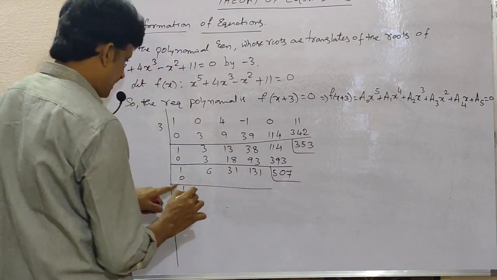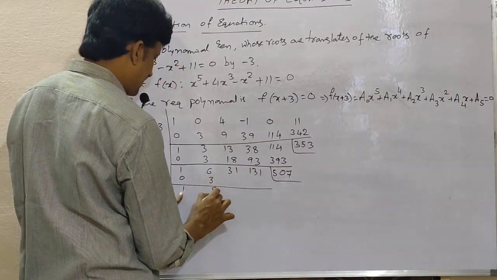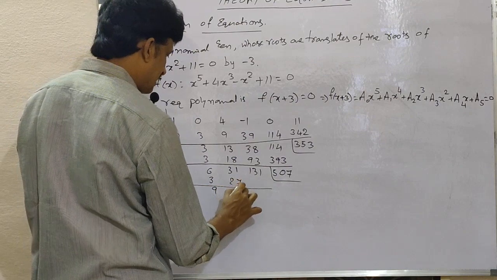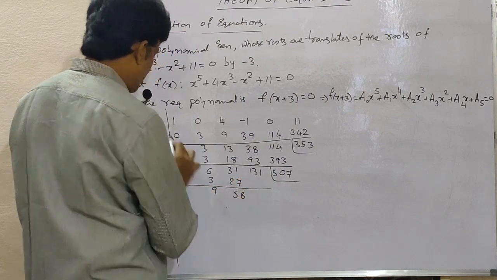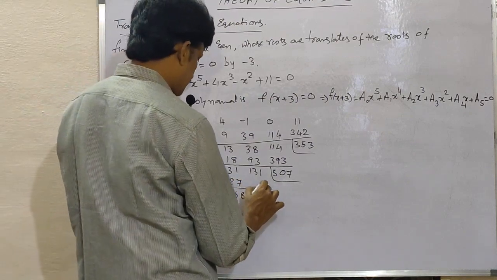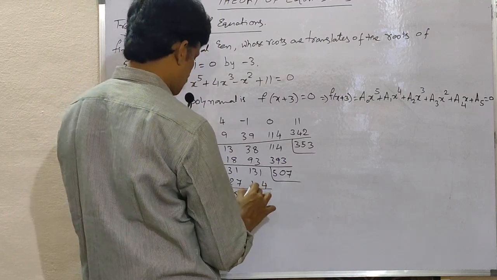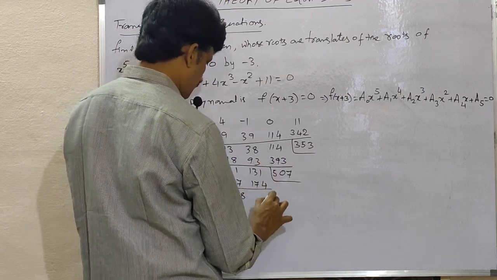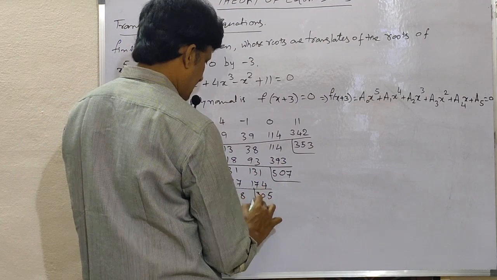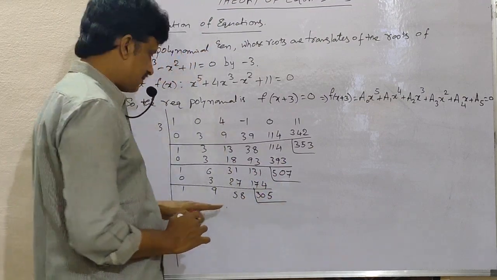Again the same. 3 into 1, 3. 6 plus 3, 9. 3 into 9, 27. So this is 58. Now again 3 into 58, and 305 we are getting. Separate that one.